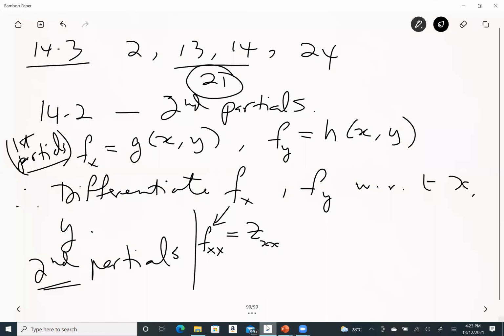Okay, that's coming from the book. So you got fxx, and then I can take the derivative of fx with respect to y, because it's also a function of y. So I got fxy.